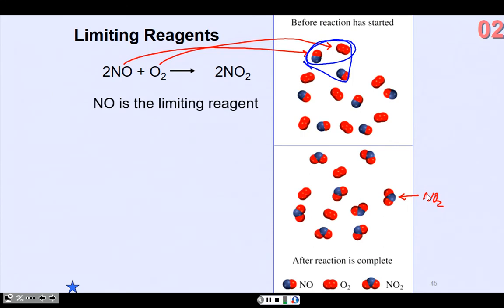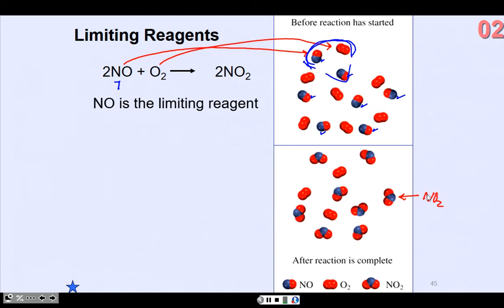And why is that? If you have to have two nitrogen monoxides for every oxygen, we look at the proportion of what's available in this mixture. So we count them up. How many nitrogen monoxides are there? 1, 2, 3, 4, 5, 6, 7. And how much oxygen is present?